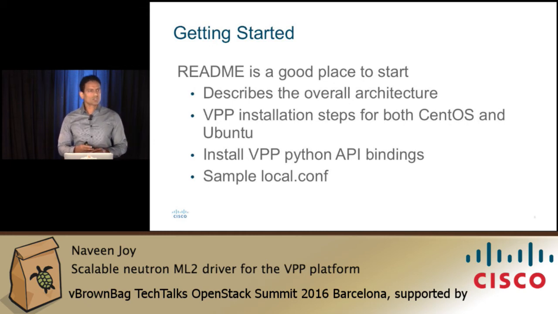And we also have the VPP installation steps for both CentOS and Ubuntu platforms, and how to install the VPP Python API bindings. The agent that is running on each compute host talks to the VPP forwarder using its Python APIs, so you'll have to get that installed too. And then you can use our sample local.conf to get your stack going.